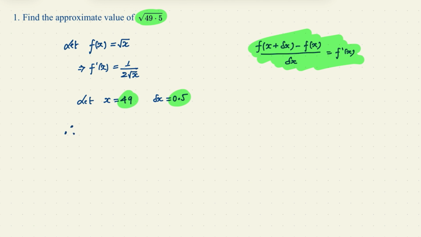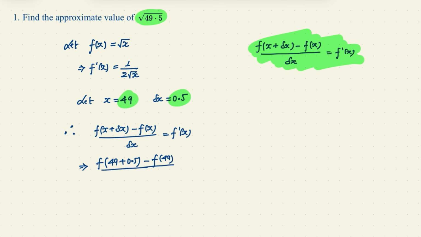Therefore, using the formula, that is f of x plus delta x minus f of x over delta x equals f dash of x. So this will be equal to, let us put the value of x as 49 here, plus 0.5, minus putting the value of x as 49 here also, and we have assumed delta x as 0.5 here in the denominator, and this equals f dash of 49.